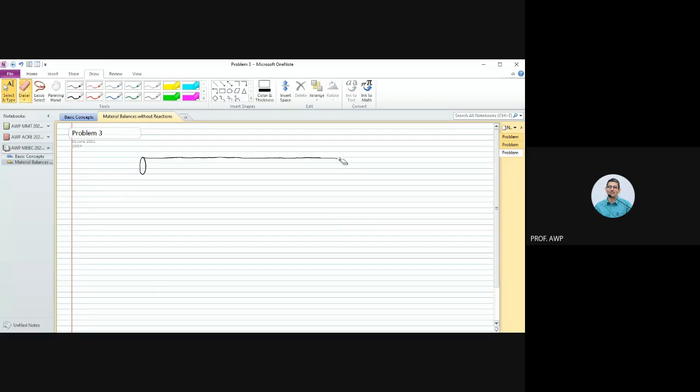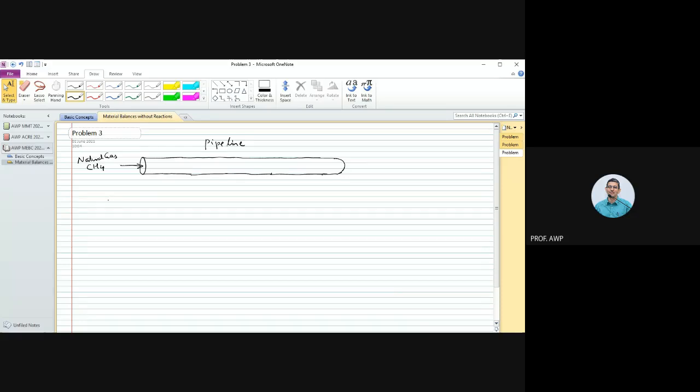So imagine that there is a pipeline. You have done engineering graphics, right? So you know. So this is a pipeline. There is, let's say, natural gas. Assume that natural gas is 100% methane.